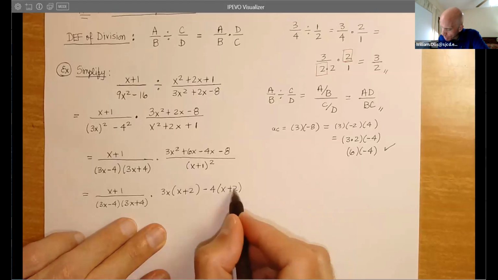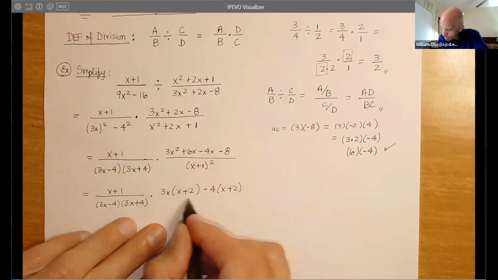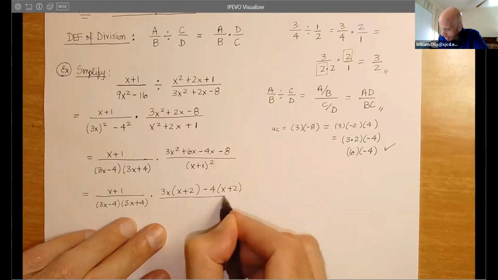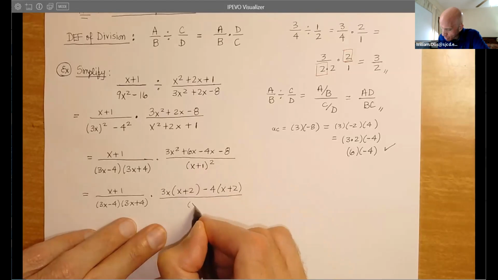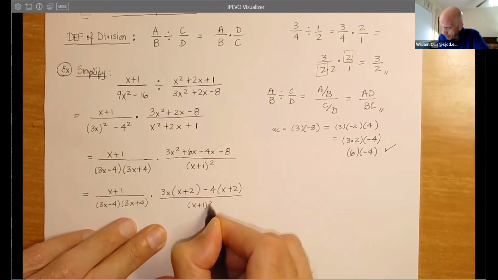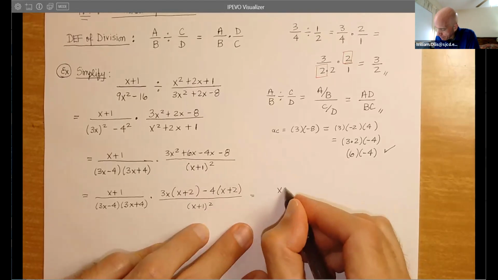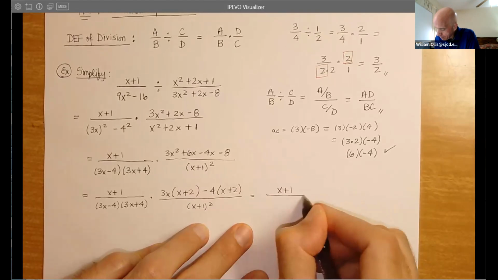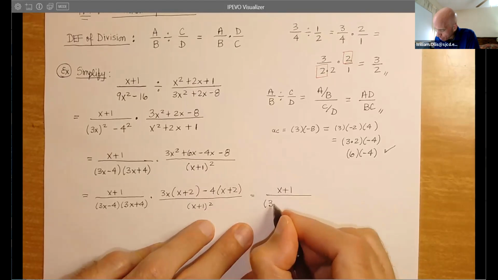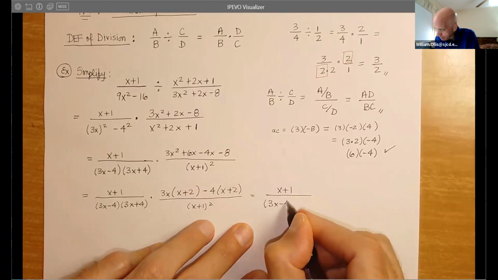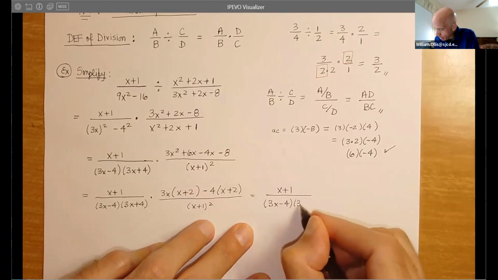Always go back and check and make sure, okay, that gives us that. So we've got that common factor of x plus 2. So that looks good. And now we're pretty much done. We'll factor one more time, and then we'll be good to go.